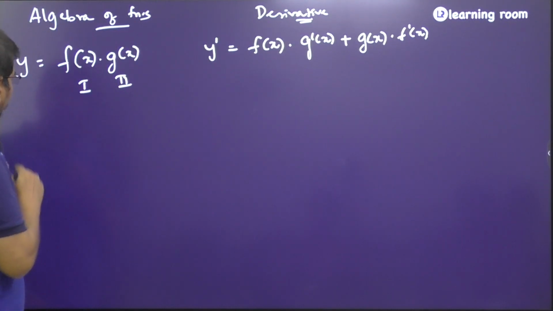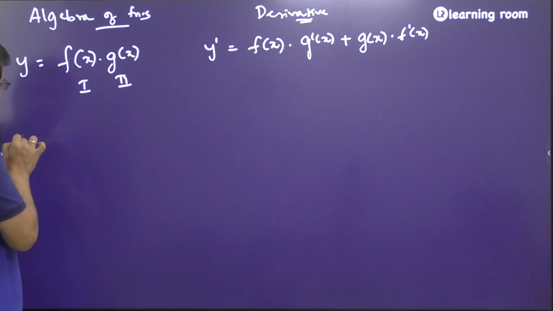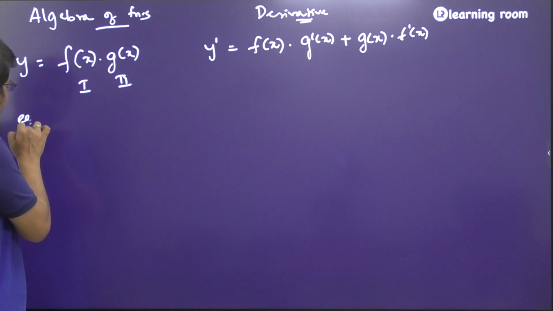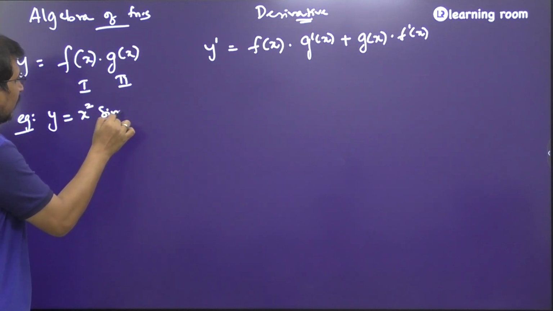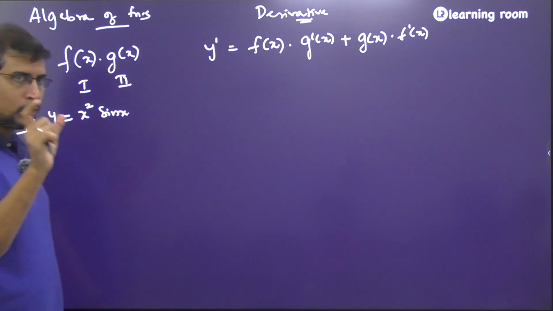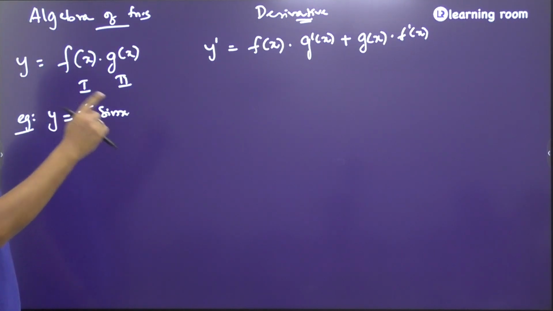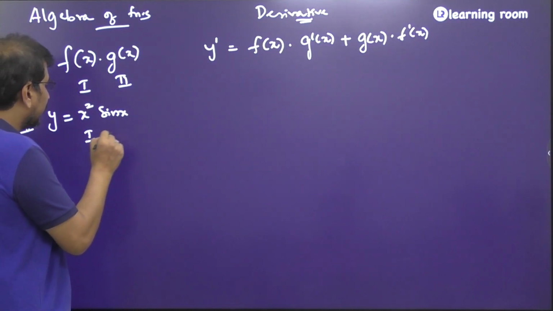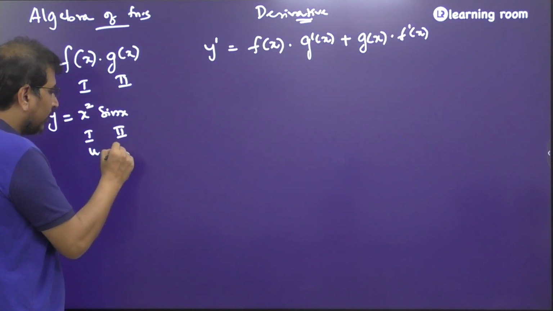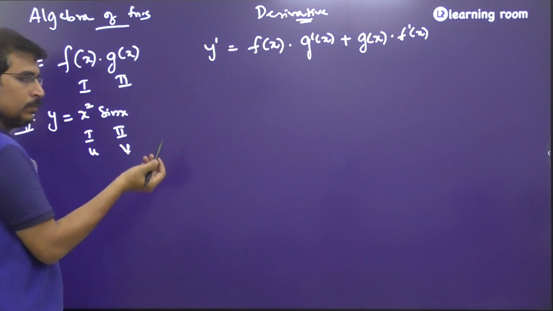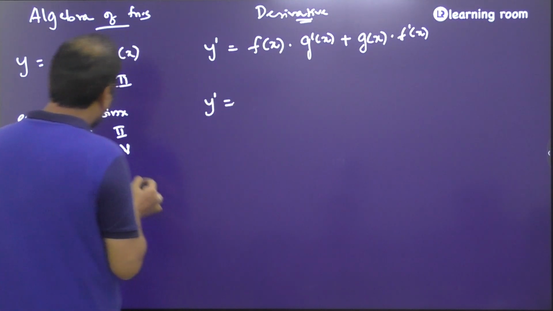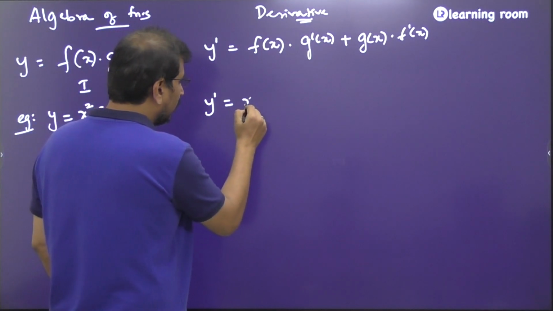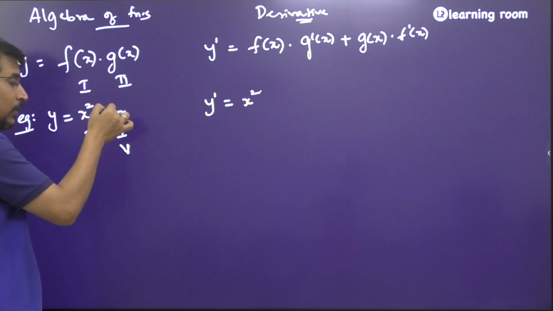So if I take an example, for example, y is equal to x square sin x, I'm using the same combination of functions. So this is first, this is second, or if you have learned it as u and v, you can take this also. So y dash will be first function into derivative of second function.